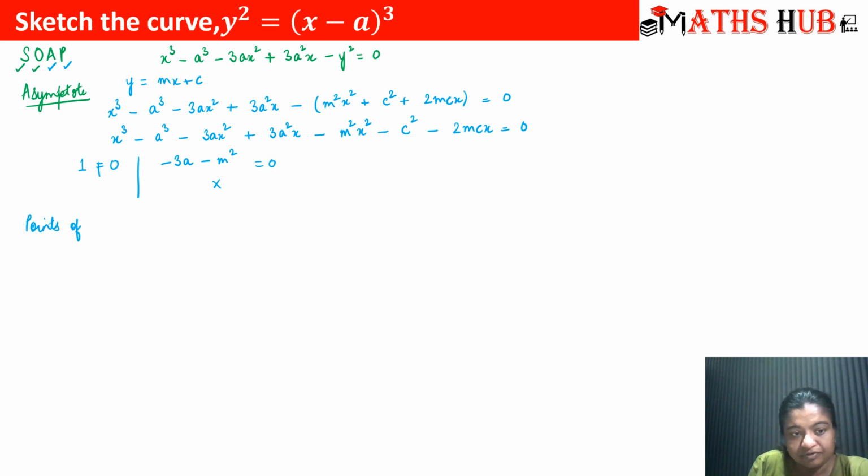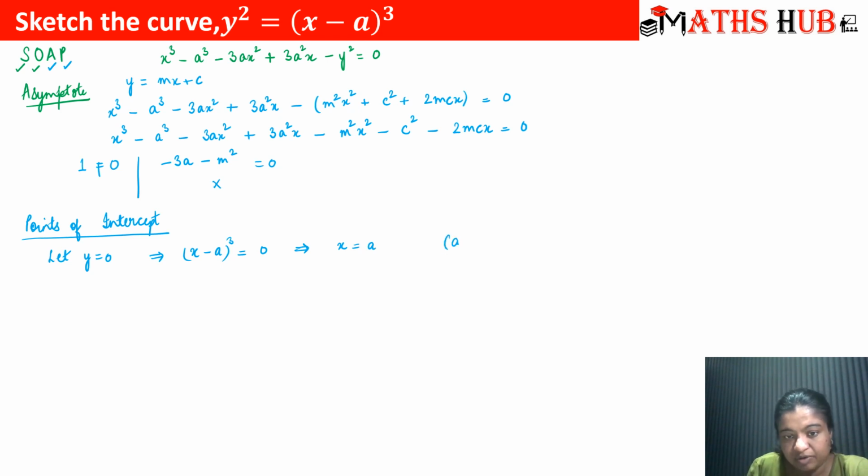So for points of intersection, let us calculate x-intercept and y-intercept. So let us put y is equal to 0. So from here, when I put y equal to 0, this will imply x minus a whole cube is equal to 0. So this will give us x is equal to a.